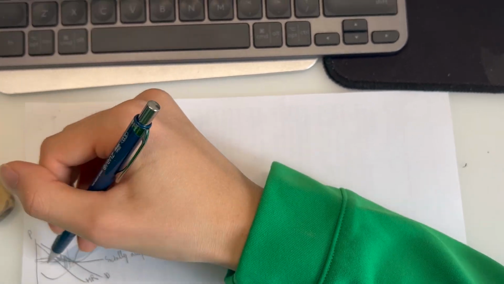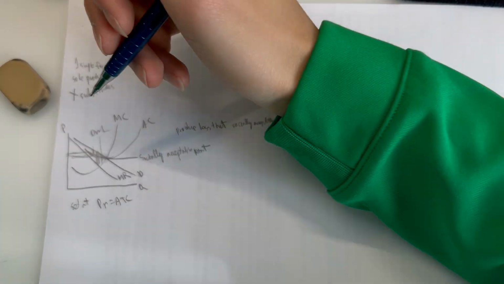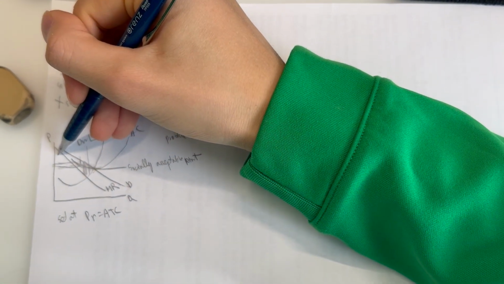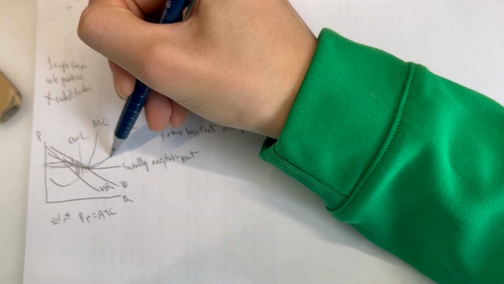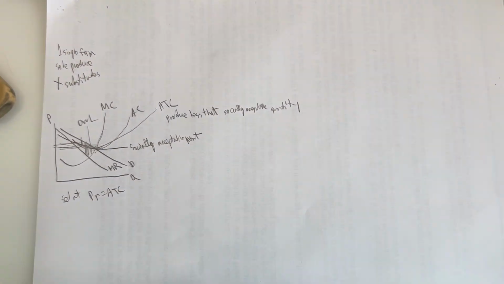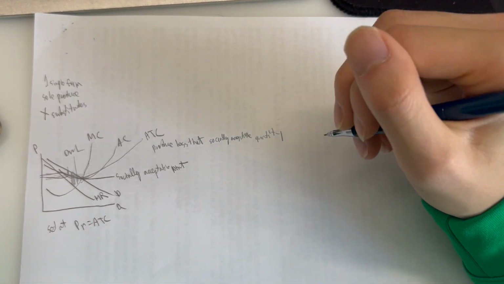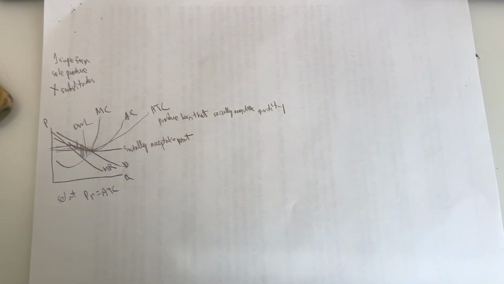So this triangle should be disappearing. So we're gonna draw the ATC curve, which is gonna be right around here, hitting there, where it breaks even. ATC should be at the profit maximizing quantity as seen in the graph here.